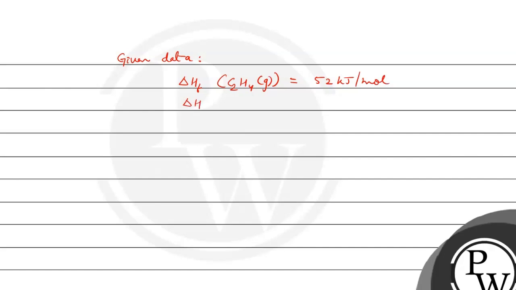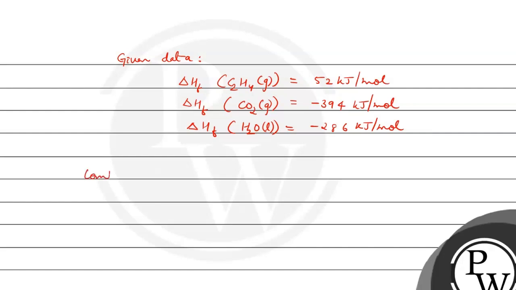Next जो value दिया गया है, that is enthalpy of formation of CO2 in gaseous form, which is minus 394 kilojoule per mole. Next we are given with the enthalpy of formation of H2O liquid, which is minus 286 kilojoule per mole. So these are the given data.